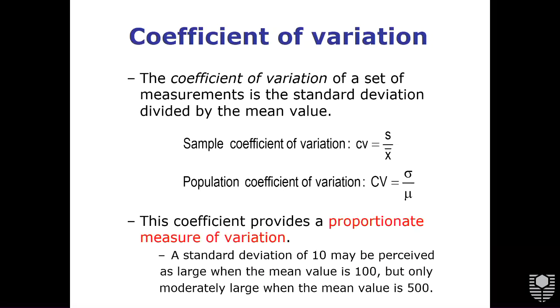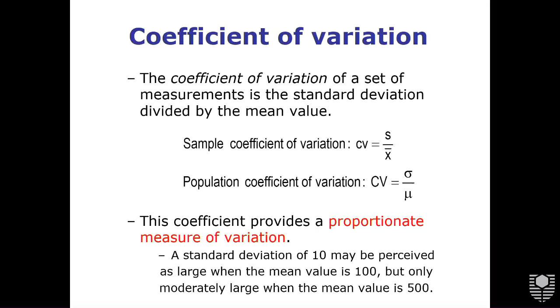This coefficient provides a proportionate measurement of variation, and a standard deviation of 10 is perceived as large when the mean value is 10. This is just an explanation. It is moderately large when the mean is equal to 500.